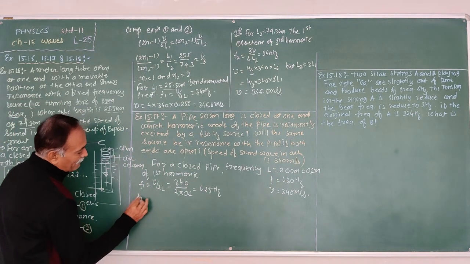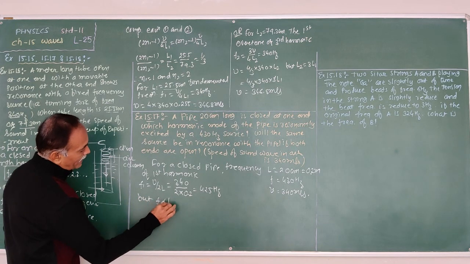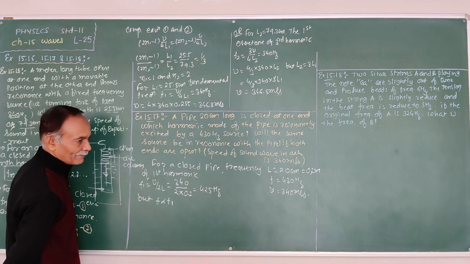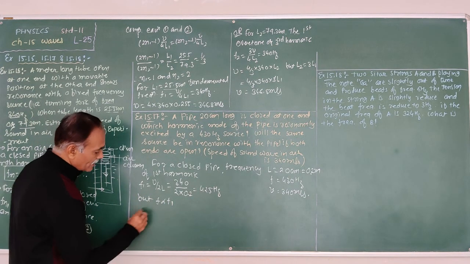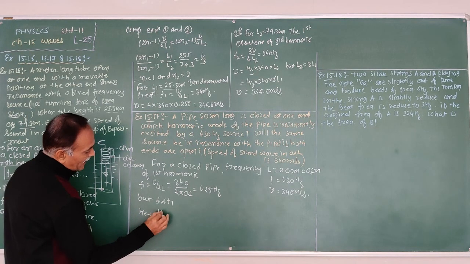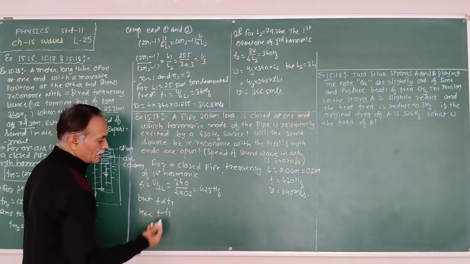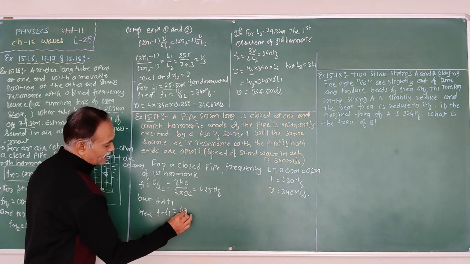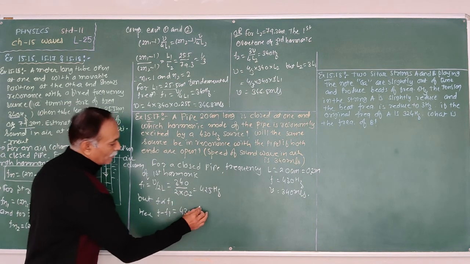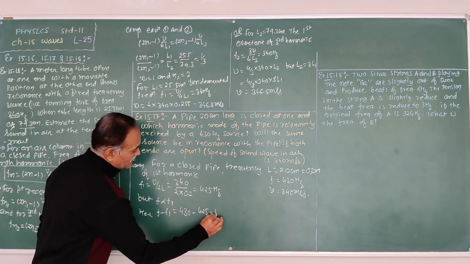But F is proportional to F1. And here F minus F1 is 430 minus 425, that means 5 Hz.